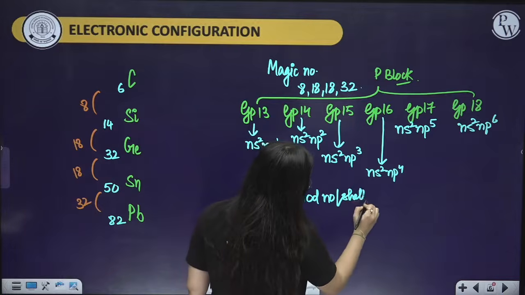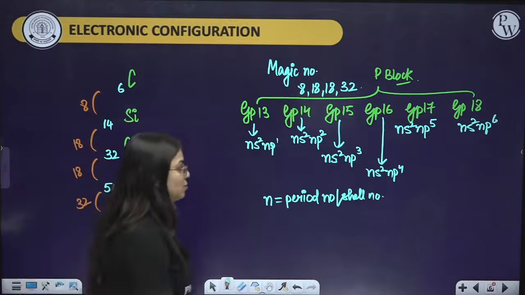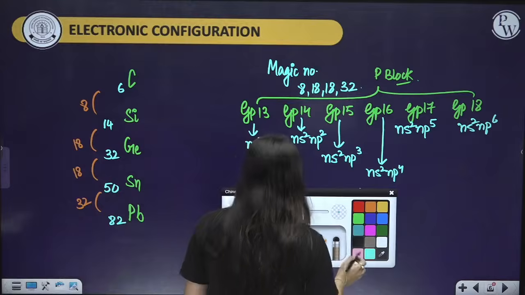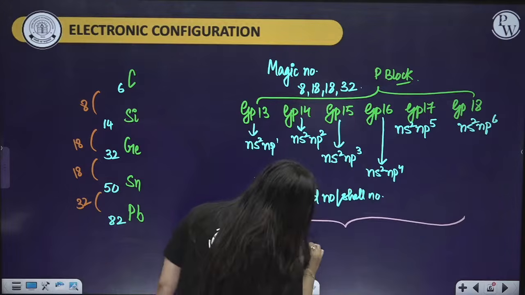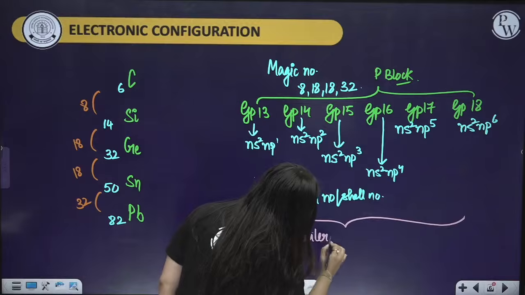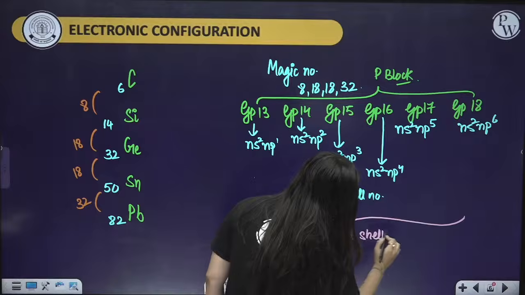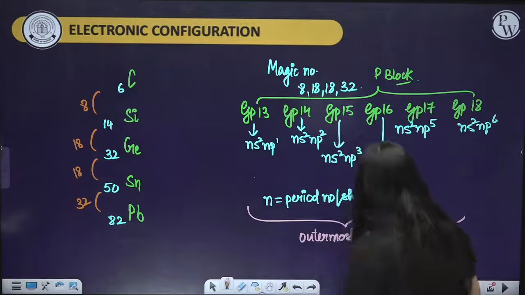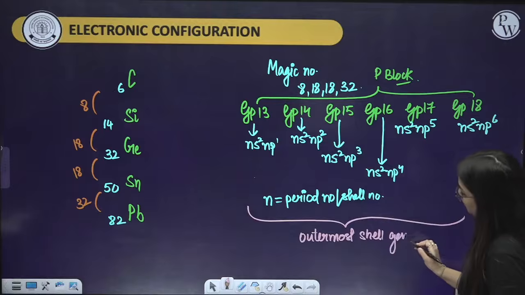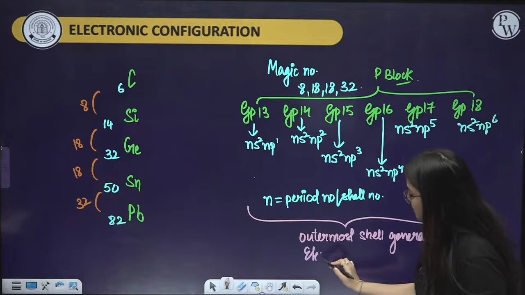the shell number, the outermost shell I'm talking about. The period number or the outermost shell, and these configurations that I have written over here are the outermost shell general electronic configuration.